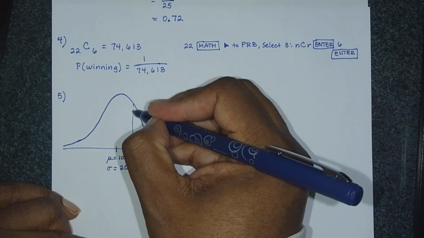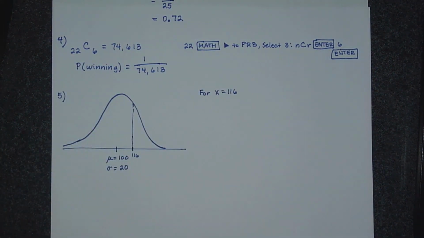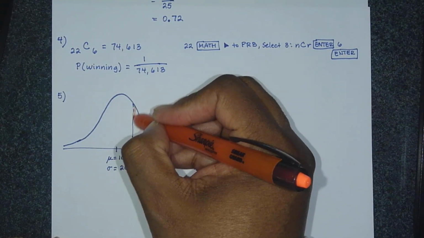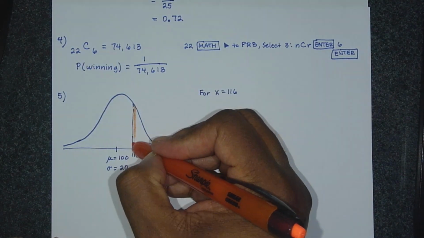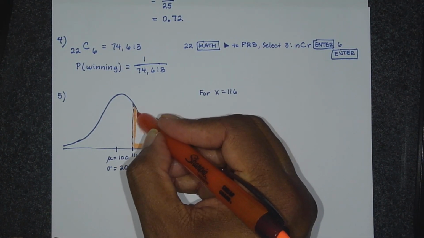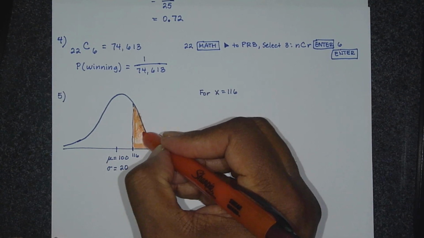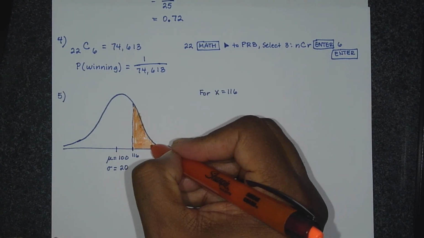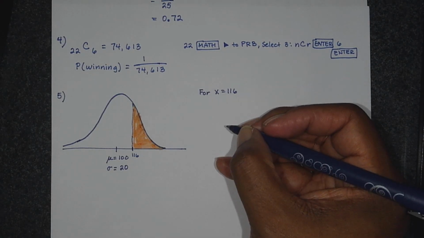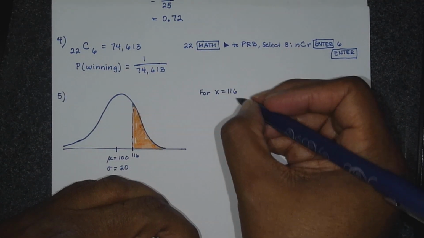And if it's greater than 116, that means we need to shade everything to the right, because greater than means everything to the right needs to be shaded. Okay. So with the x value being 116, we need to find out what z is.